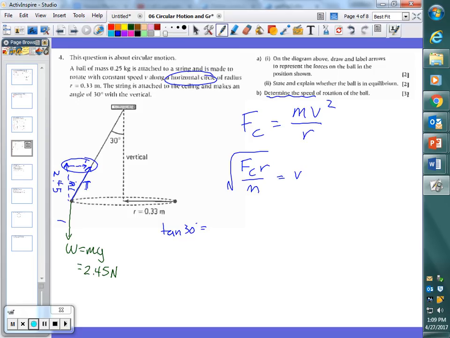That's the centripetal force, because it points towards the middle, so we can call this Fc. I rounded to 1.42, but same thing.